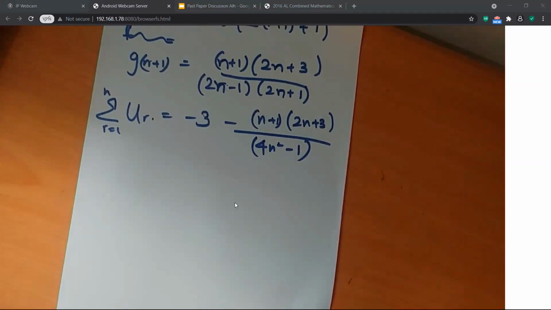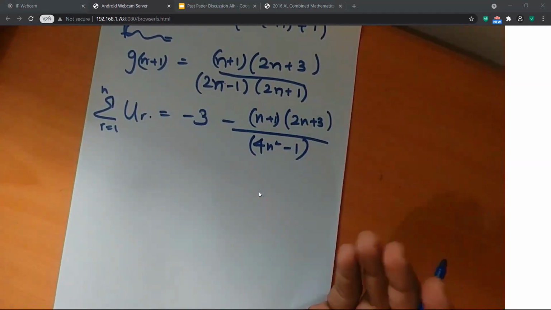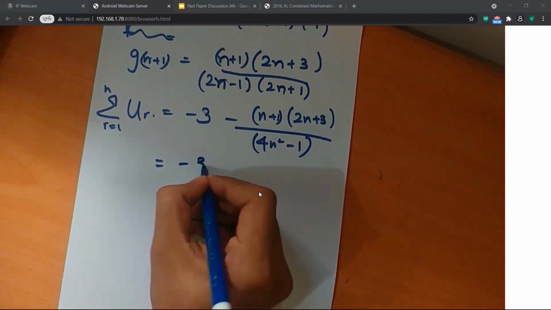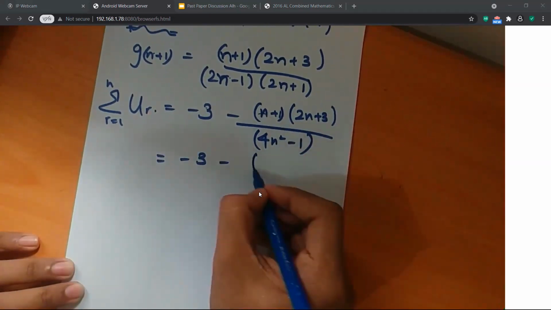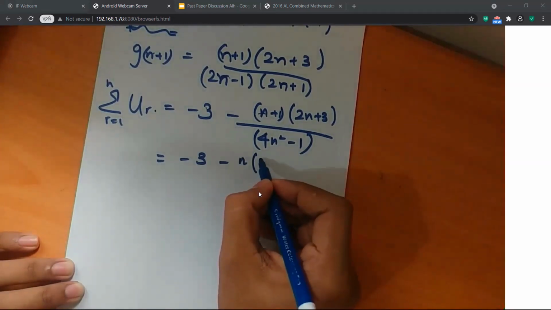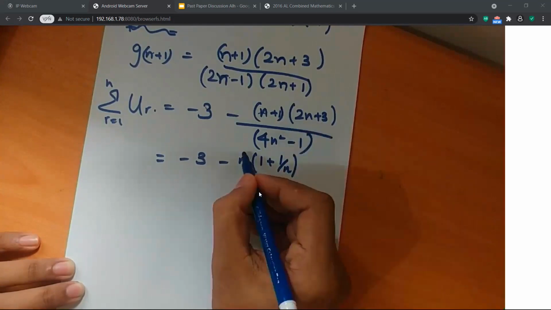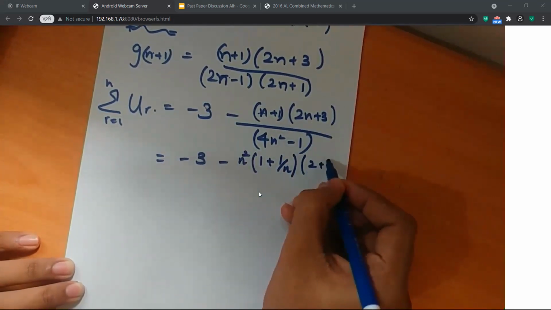That means you format 1 over n, because 1 over infinity is 0. So you always write it in that format first. So minus 3 minus, now if you take n outside here, it will be n (1 plus 1 over n). If you take n out here, then it's n squared outside, there will be 2 plus 3 over n.